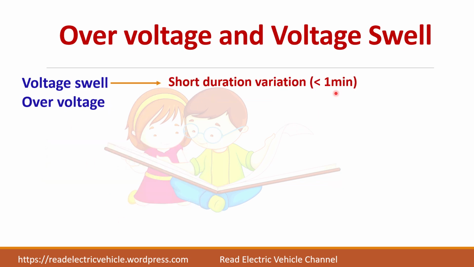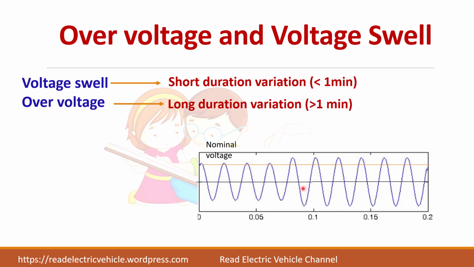Voltage swell is a short duration variation. That is, if the voltage increases only for less than 1 minute, we call it a voltage swell, whereas over voltage exists for a longer time, greater than 1 minute. So the duration of the increase in voltage is going to tell you whether it is a voltage swell or over voltage.